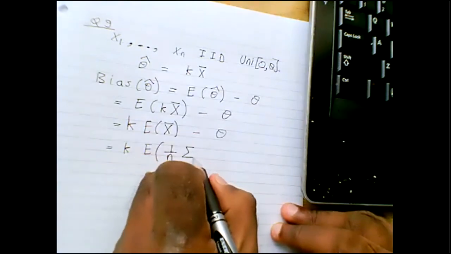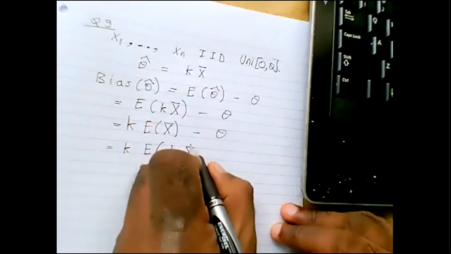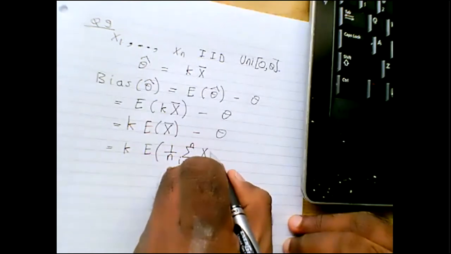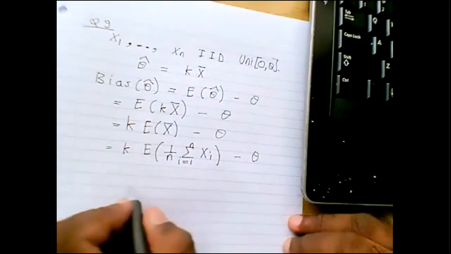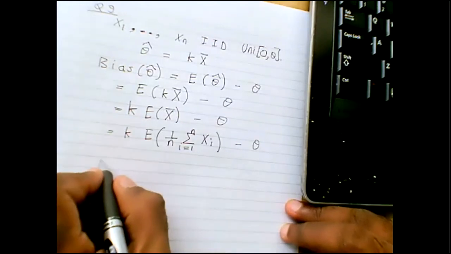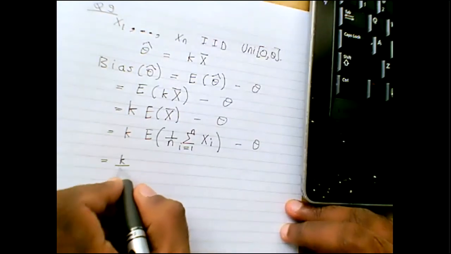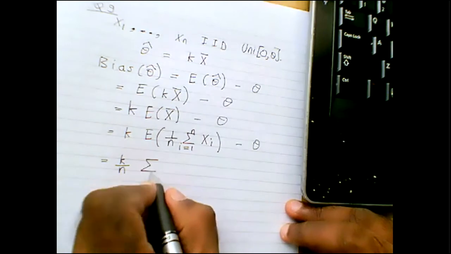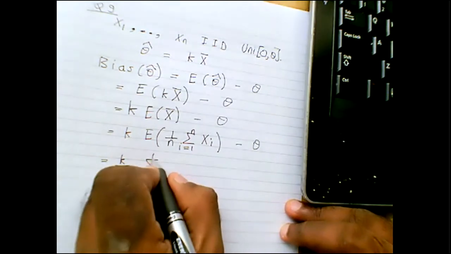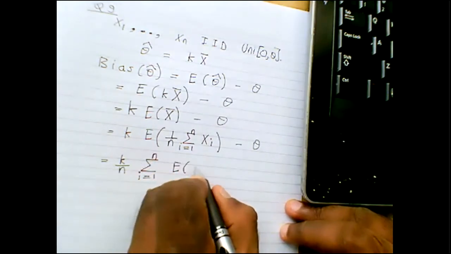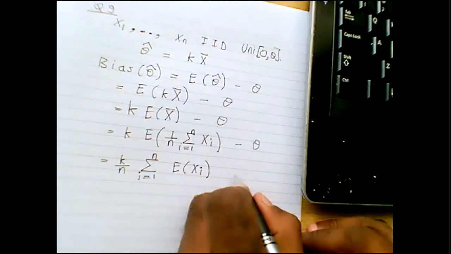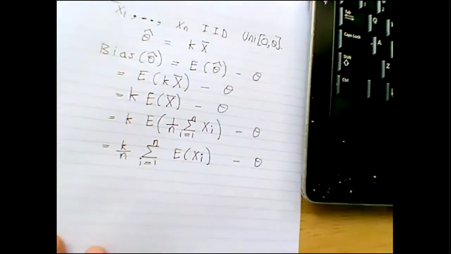X bar, you can write it like this. Take the expectation inside the sum, you get k divided by n times the sum of the expectation of xi minus theta.